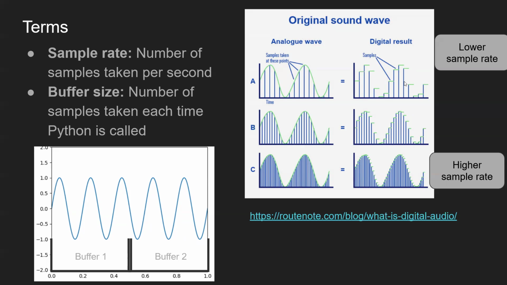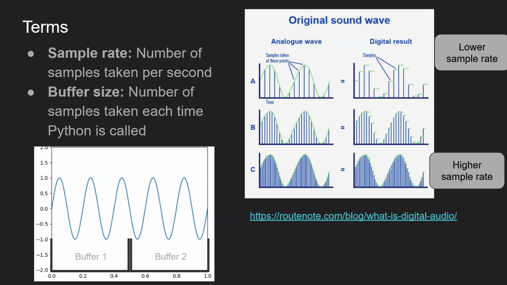So we'll get a buffer of a certain amount of samples, then it'll call the Python, we'll run whatever Python code we want on it, and then we'll write that buffer back out after we've manipulated it. A standard buffer size that we're going to be using for this project is 2048. So we'll get 2048 of these little green points every time the Python is called, and then we'll manipulate it and write it back out.